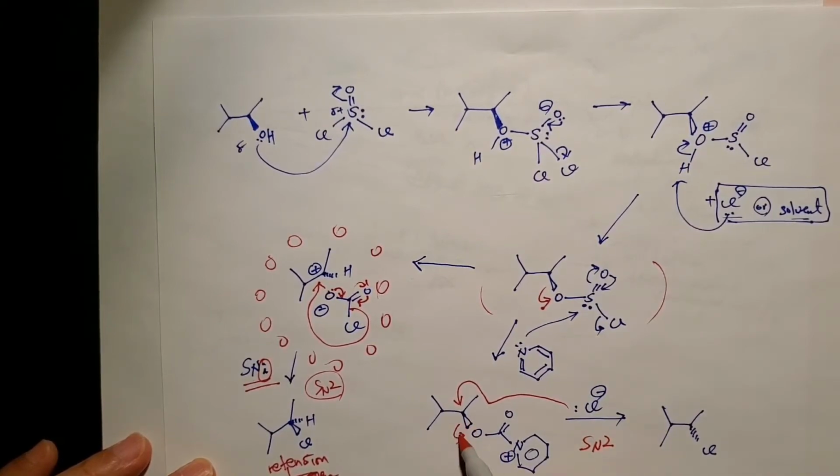You break that off, but you can see this go further and make a SO2, and the pyridine can be released, and your chloride sitting on the carbon with no rearrangement again. And also the stereochemistry, unlike the previous case, is now inversion.